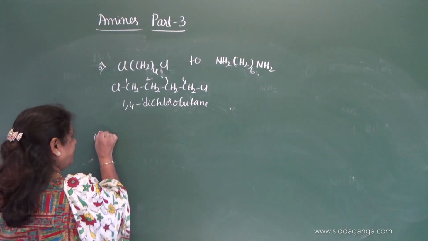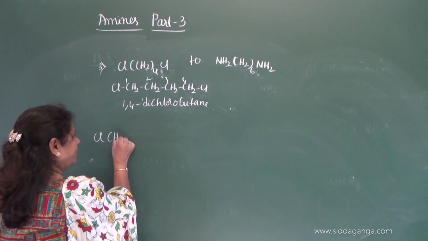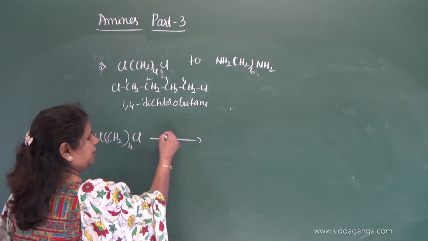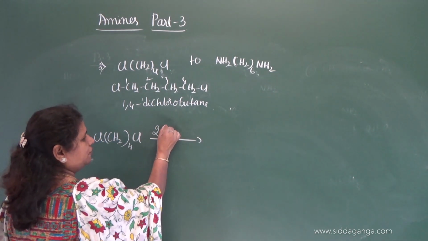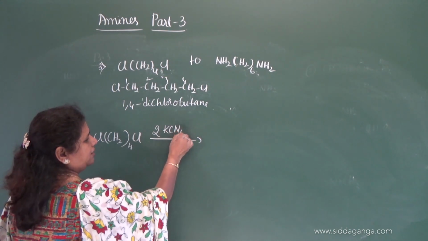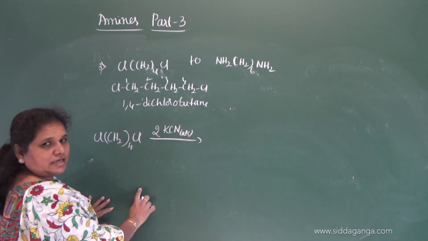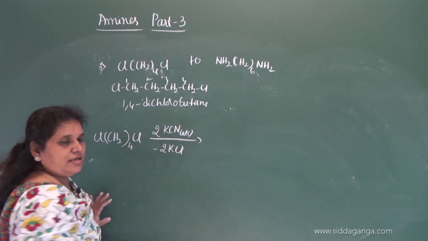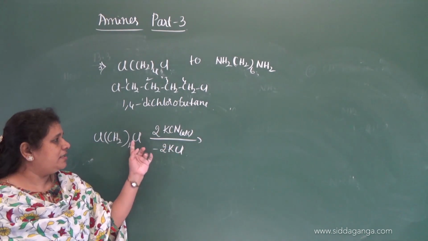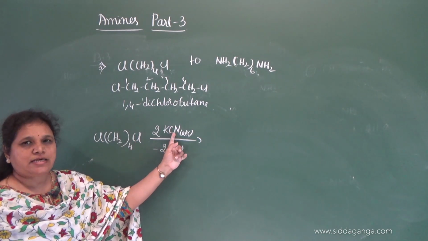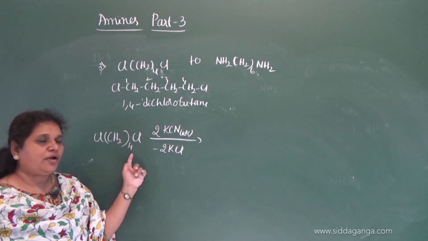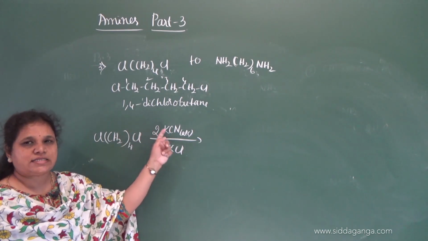So take dichlorobutane, treat it with 2 moles of alcoholic potassium cyanide, with the elimination of 2 moles of KCl. Substitution takes place. Cl is replaced by CN. Chlorides are converted to cyanides. Dichlorides are converted to dicyanides.